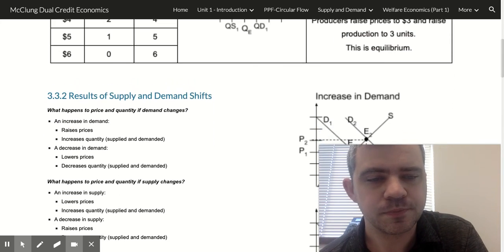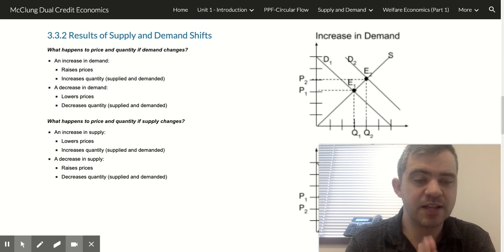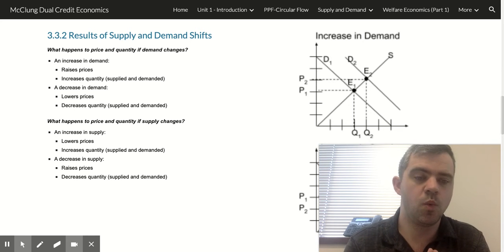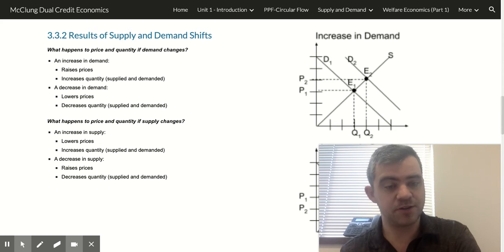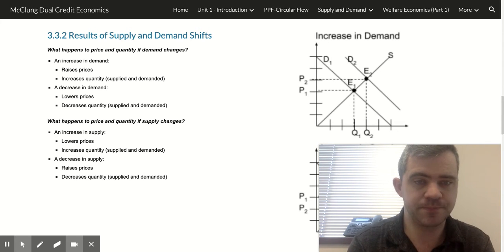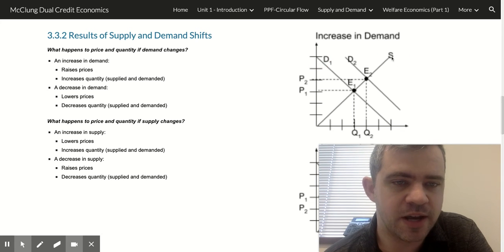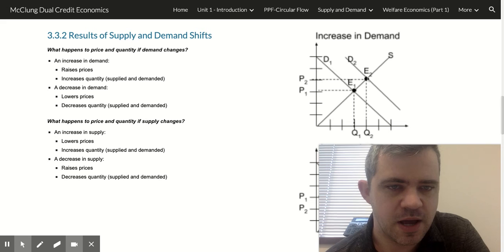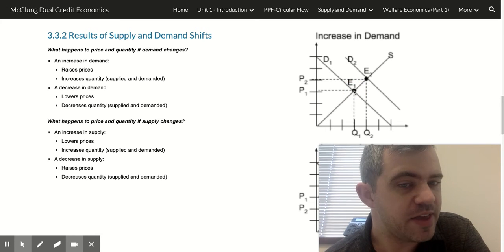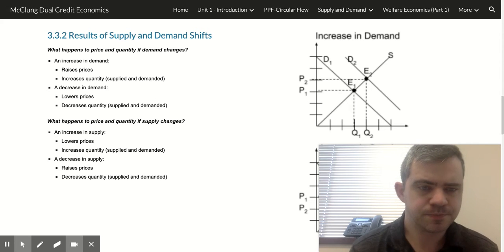So, with that in mind, let's talk about what happens when there's a demand shift and when there's a supply shift. All right. So let's say we have D1 here and supply. So where do they intersect? They intersect at this price and quantity right here.